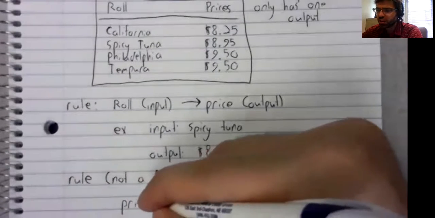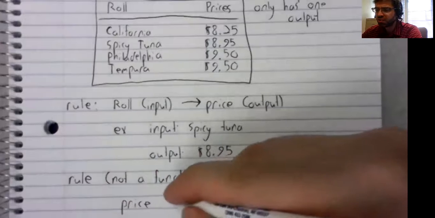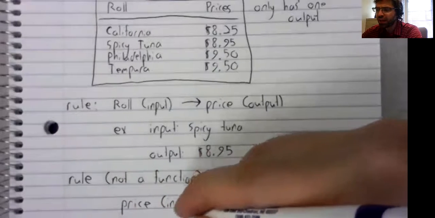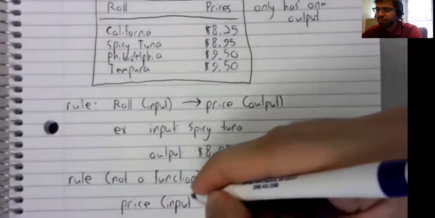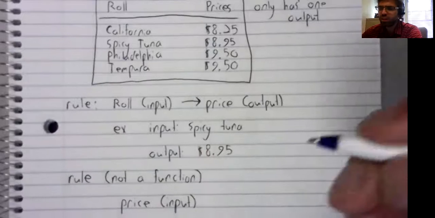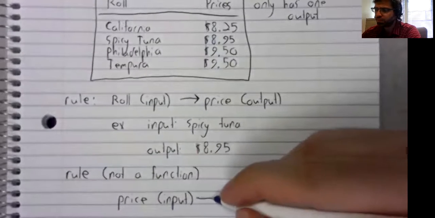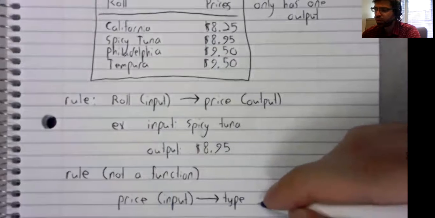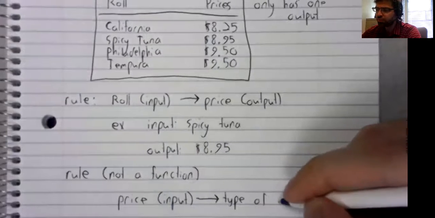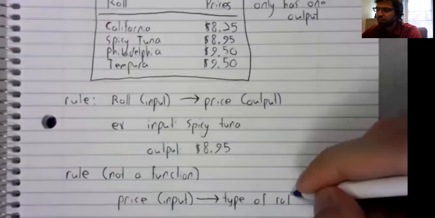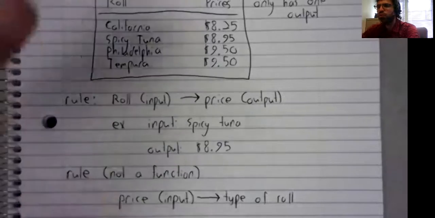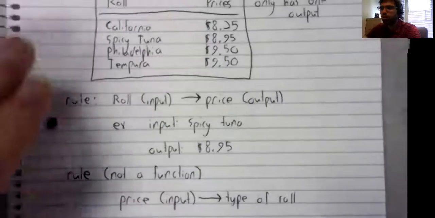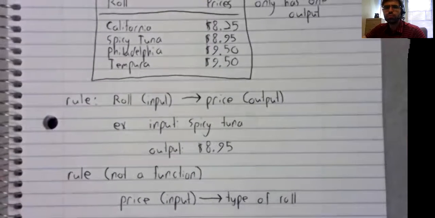It's going to take the price you pay as its input, and as its output, it's going to tell you the type of roll you ordered.